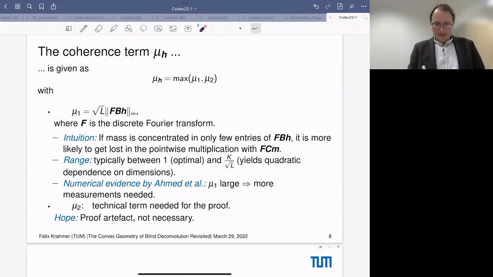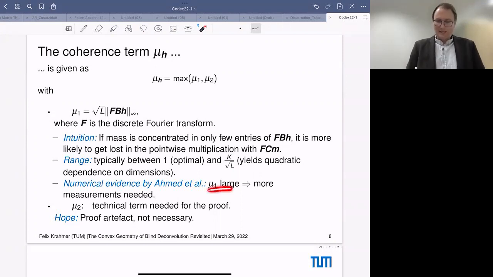And the range can be in 1, which is optimal, and then we would get these near optimal bounds. But if we have bad luck, in the worst case we get something like K over square root of L, and then things are subtle.